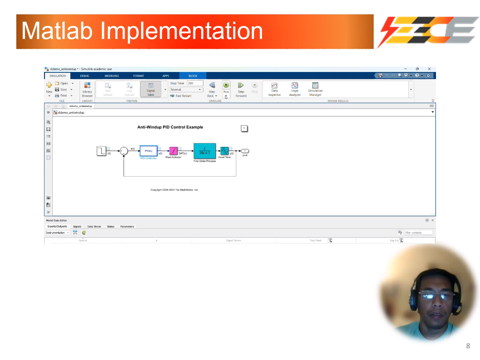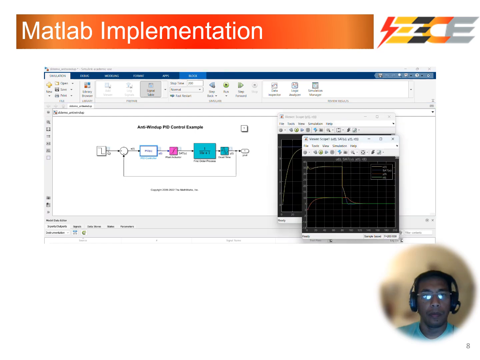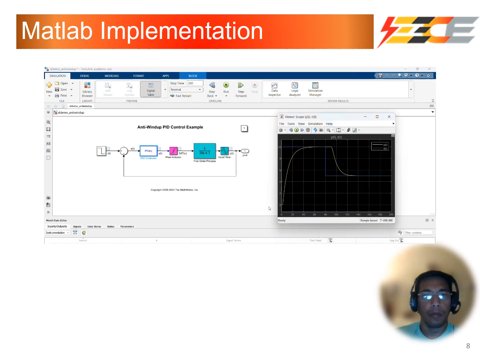So if we run the simulation, we're going to check the scope here. So here, the set point is the one in blue. When we check that set point, it was 10.